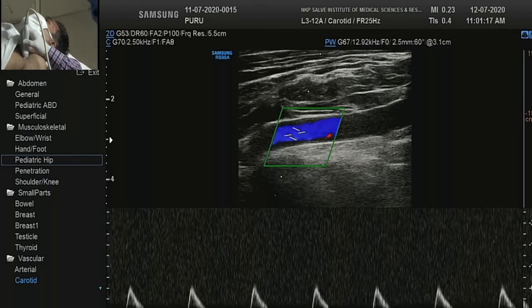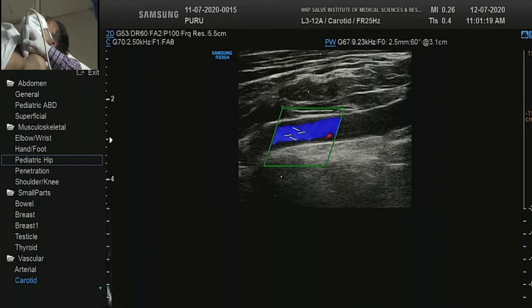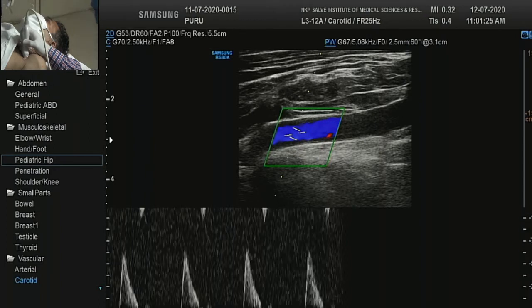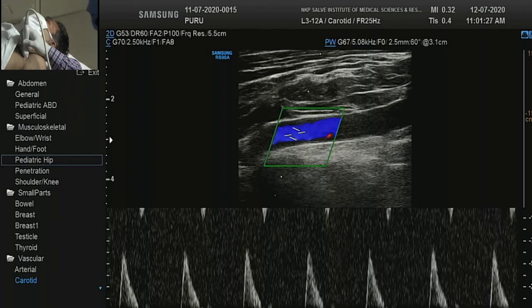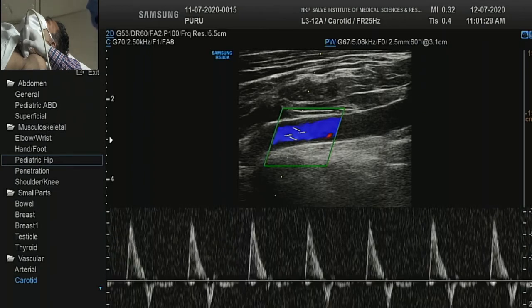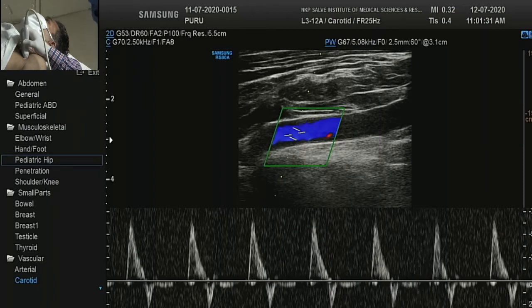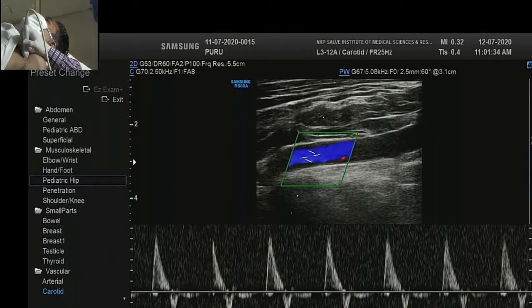So what is happening? It is quite low, so we'll reduce the spectral PRF. Got it, right? We'll raise the baseline this way, so that the spectrum is seen across.